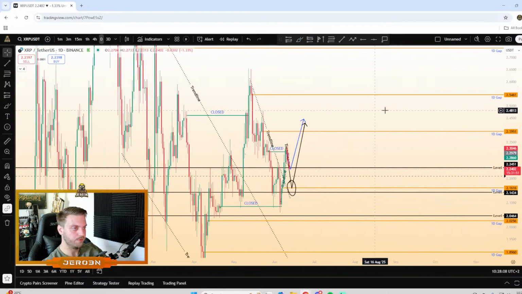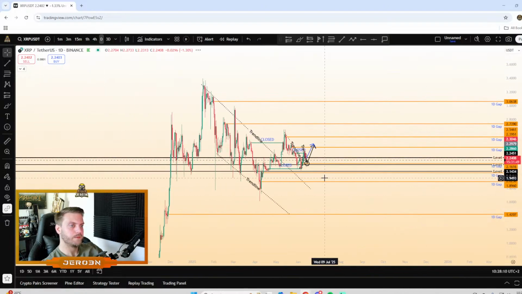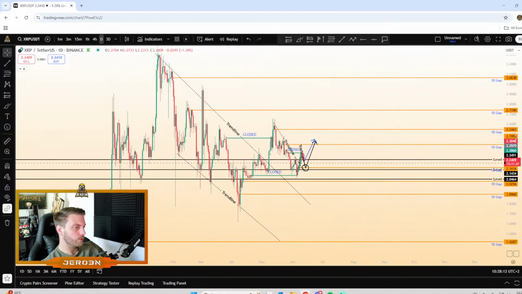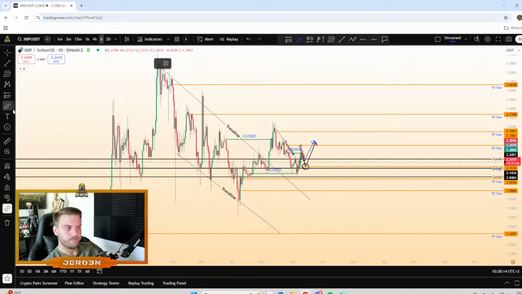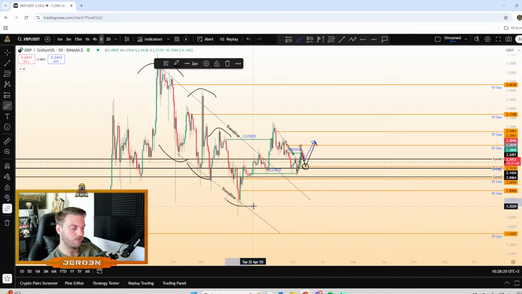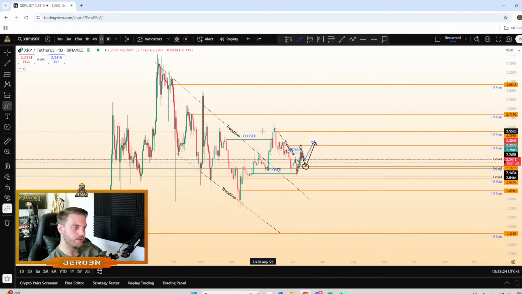Zoomed out on Ethereum. We were in a downtrend. So we created lower highs, lower lows, lower lows, lower lows. Now we created this first higher high.